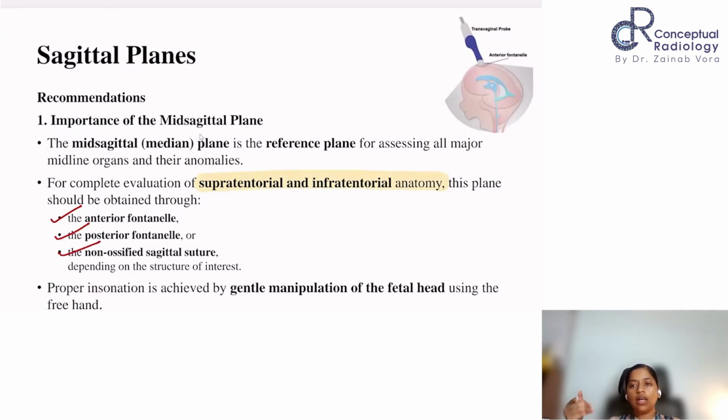So whatever area interests you, if I want to focus in this region, I shall be using the anterior fontanelle and focus on the anterior complex. If I want to see the posterior region, I will focus through the posterior fontanelle and focus on the posterior fossa. So you have three windows, you can use either of them. The aim is to get proper insonation, and that can be achieved by gentle manipulation of the fetal head using the free hand.